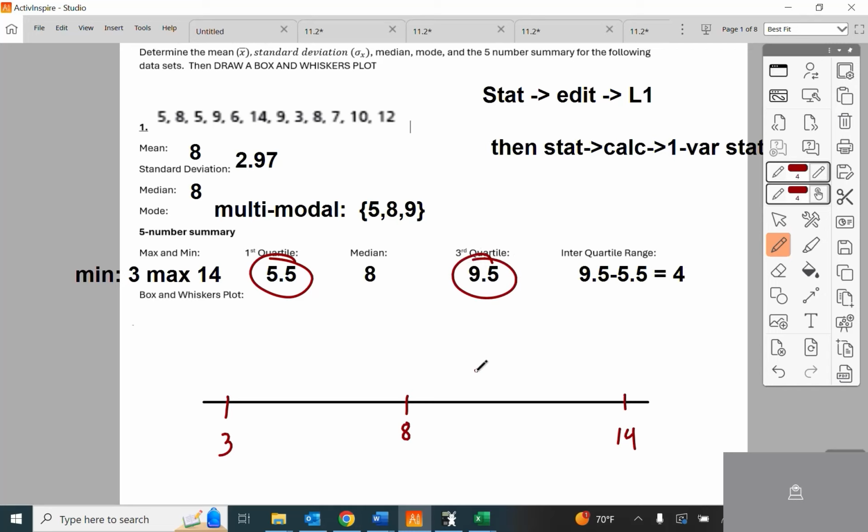9.5 is pretty close to 8. 5.5 is a little farther away. And if I remember right, that's a box and whiskers plot. It's been a while since I've done it. But it shows you where you are, and it shows you kind of the range of normal.